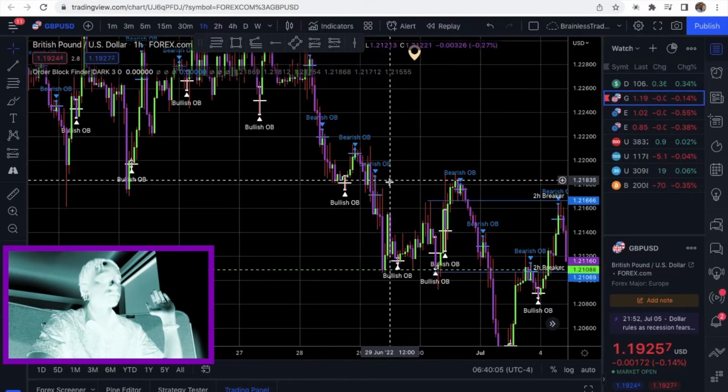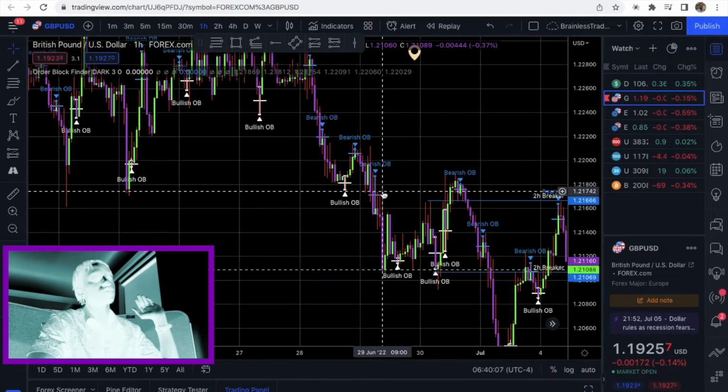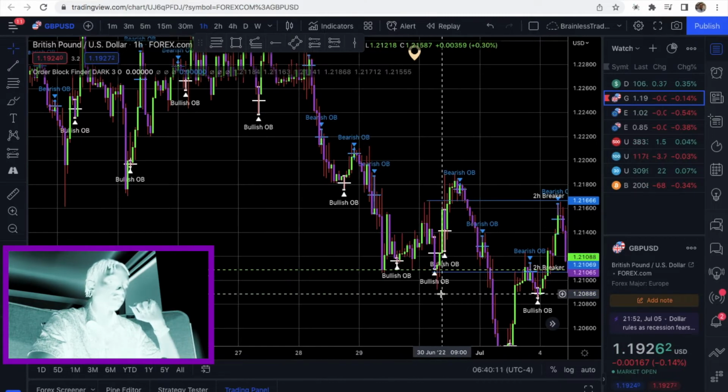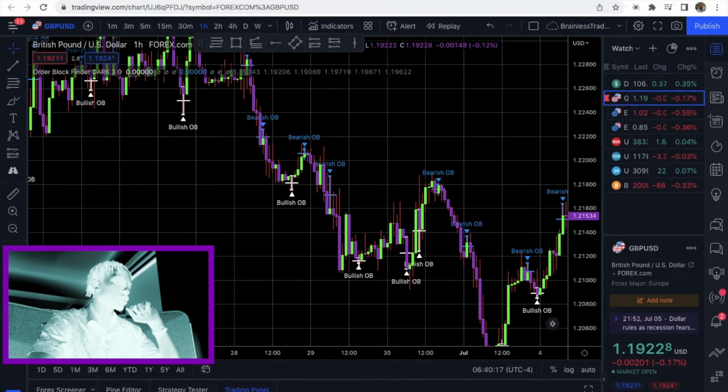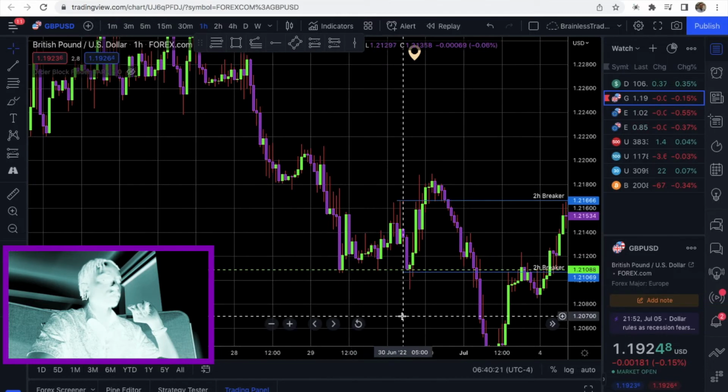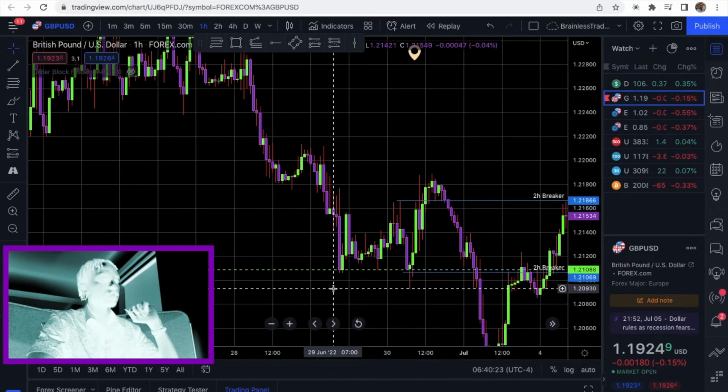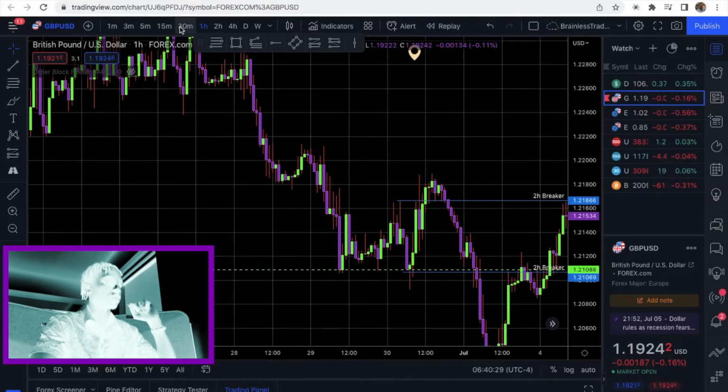Now, it's possible. Yes, you can have a bullish order block and it can be utilized, right? So let's say for instance over here, let's take all this stuff off the chart real quick. I gave you an example of a bearish order block, but a bullish order block would be this.